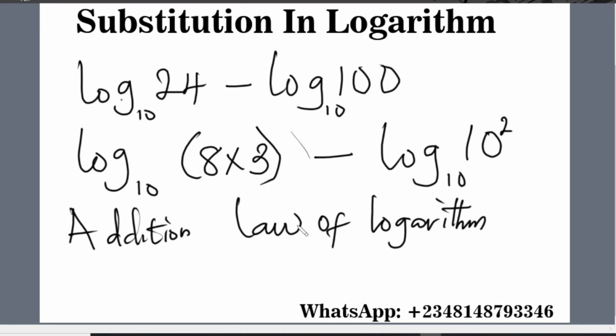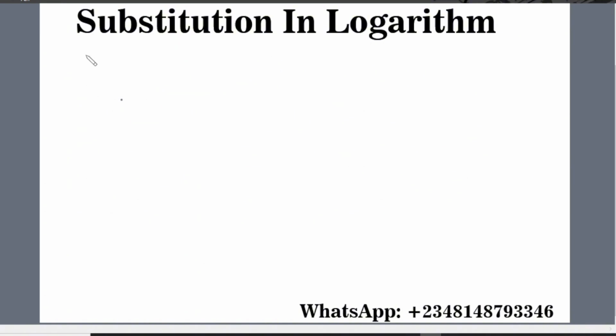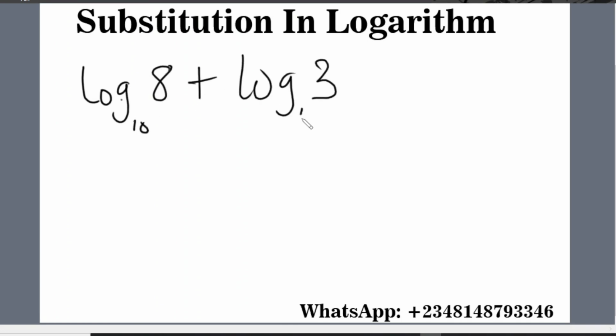This was also treated in our first class on the introduction to logarithm. So if we apply the addition law of logarithm, we would have log 8 to base 10 plus log 3 to base 10 minus log 10 raised to power 2 to base 10.